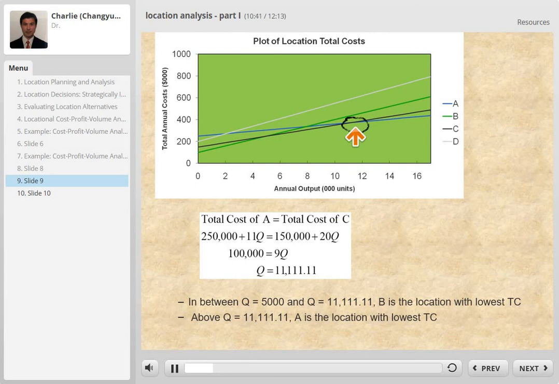We do a similar thing to find out the cross of the black line and the blue line here. Total cost of A equals total cost of C. The equation for total cost of A is on the left hand, and the equation for total cost of C is on the right hand. We solve it, and we find Q equals 11,111.11. We know that in between this point and this point, the black line is the lowest.